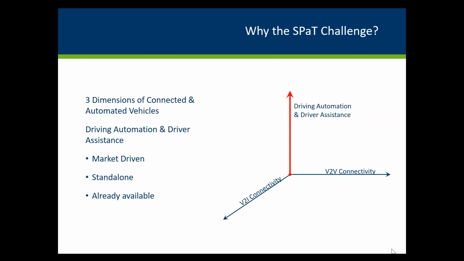It doesn't take over driving, but may give you warnings or alerts or information to help you drive. Does anybody have lane departure warning on your car or blind spot warning? It doesn't take over the car from you, but it hopefully wakes you up if you're about to run over the edge line. So I put those together. Those are technology in the car. They don't really need a challenge for that.